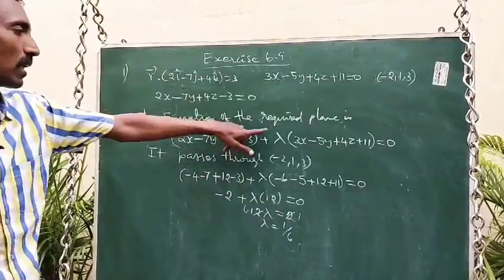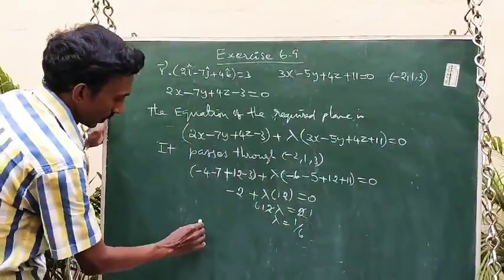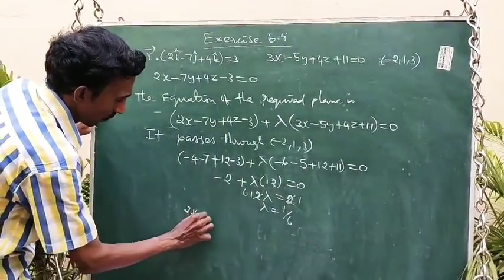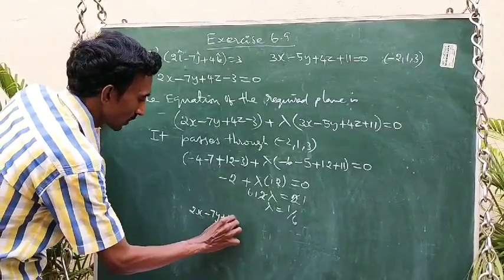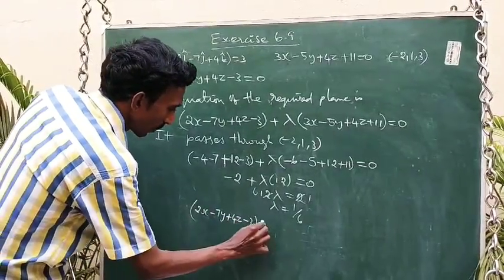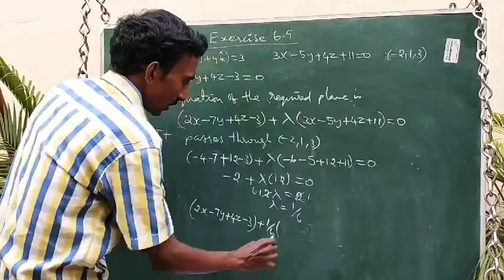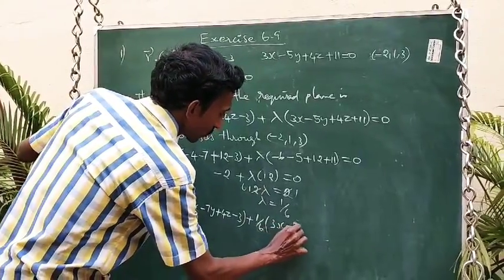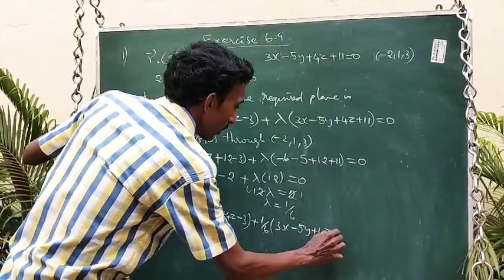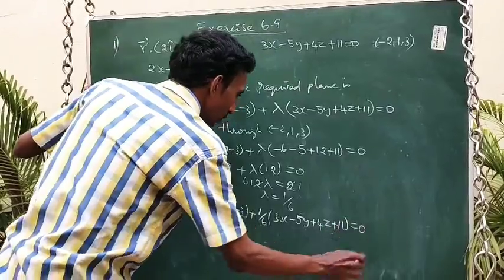So once again replace the lambda value here. So 2x minus 7y plus 4z minus 3 plus 1 by 6 into 3x minus 5y plus 4z plus 11 equal to 0.